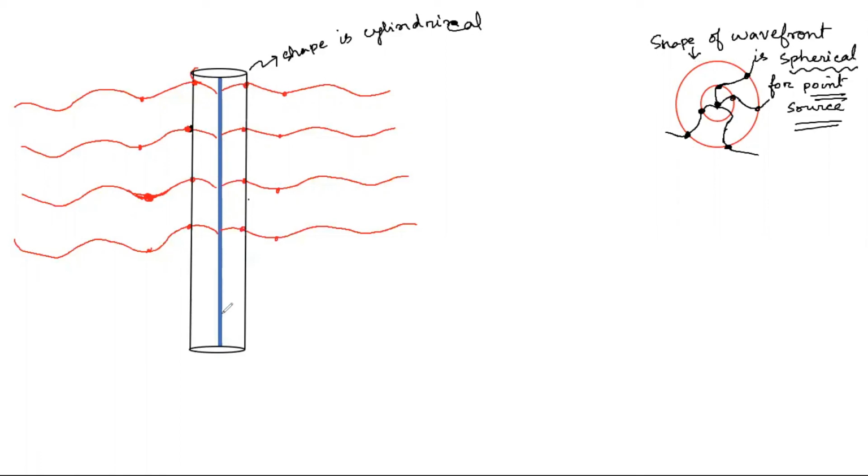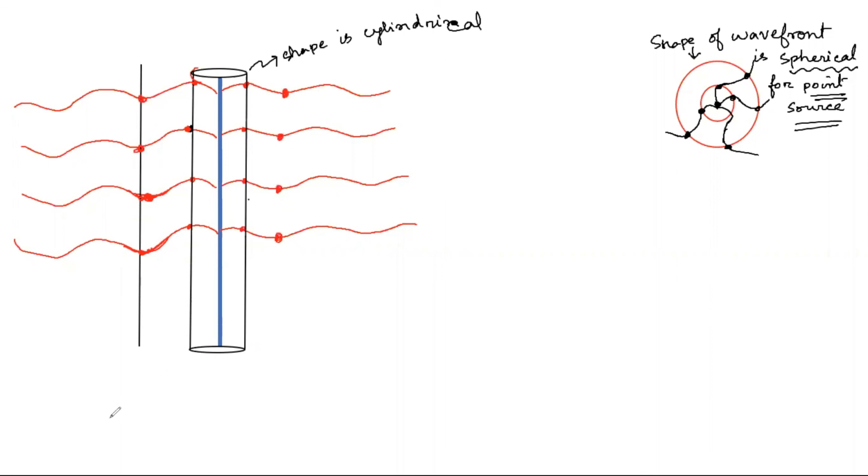But if I consider that our source of light is linear, instead of using a point source, then the shape of the wavefront is going to be different. For example, if I consider this point, these are our first drops, minimum displacement. If I join all these points, this is our first minimum. Again, we will have minimum displacement here also.